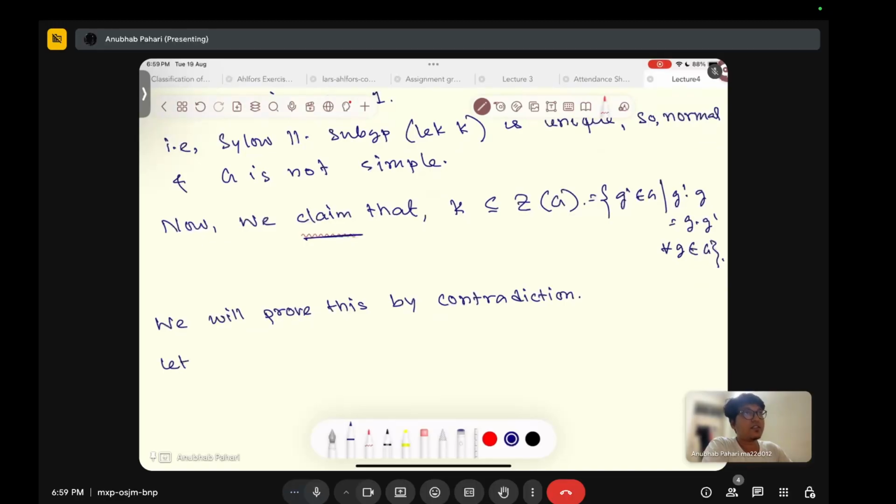Let, for some g belonging to G and small h belonging to K, say hg not equal to gh.